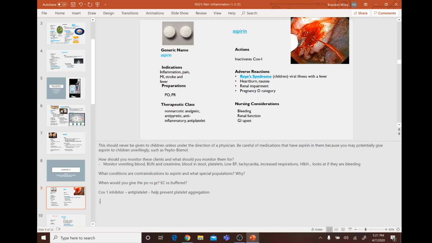Non-narcotic, analgesic, antipyretic, anti-inflammatory, antiplatelet. What is the action of aspirin? Inactivates COX-1. What are the adverse reactions of aspirin?